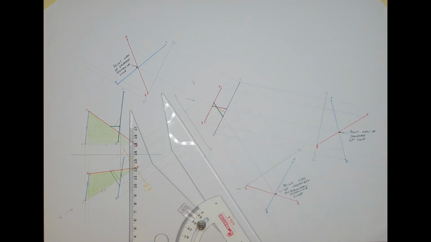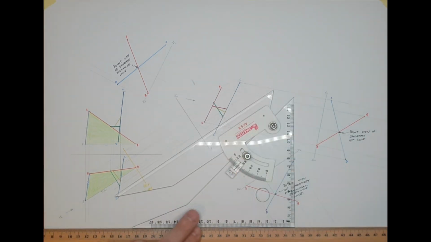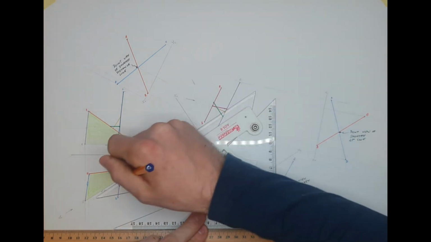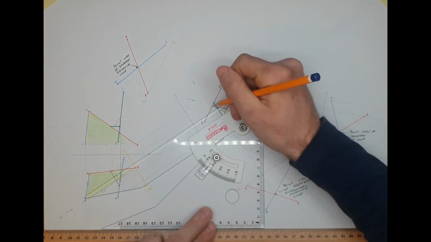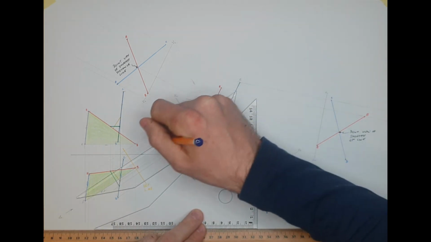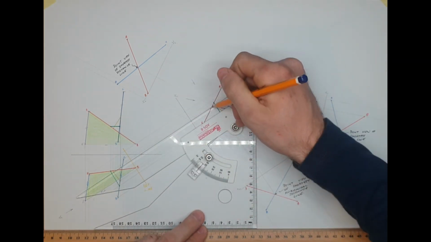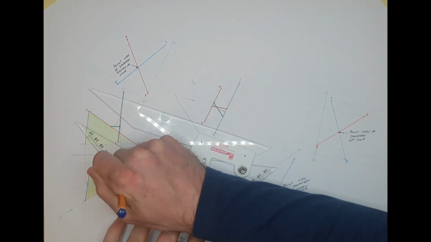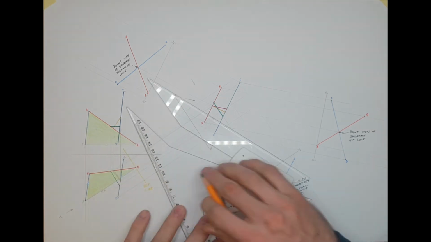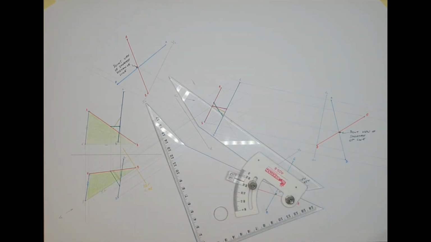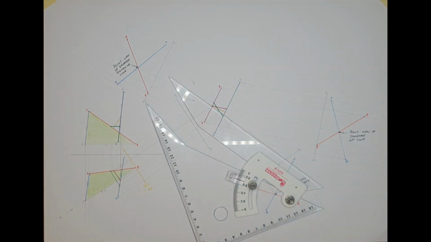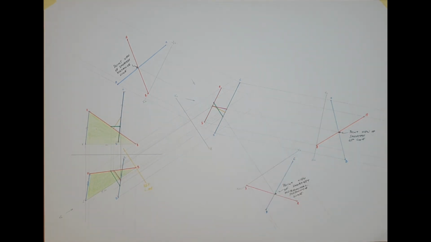Show the projections of it. Well, I need to bring it back down. There it is, just inside there, in plan. It's right along there. And finally, up to the elevation.